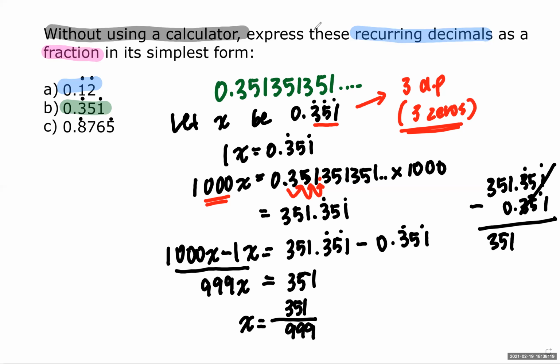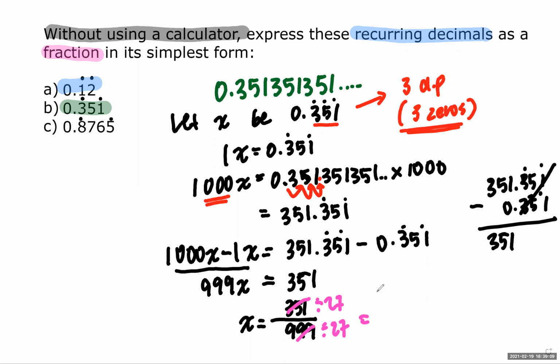Let's use your calculator to check. If you put it in your calculator, you should be able to get the answer of 13 over 37. Same thing, you must make sure that 351 over 999 is in simplest form. So how do I make it into simplest form? The top I need to divide by 27, and the bottom I need to divide by 27.